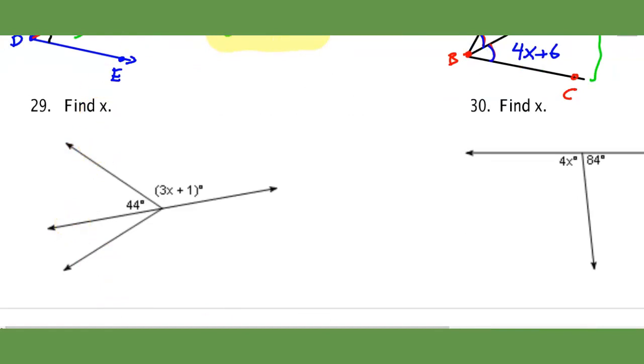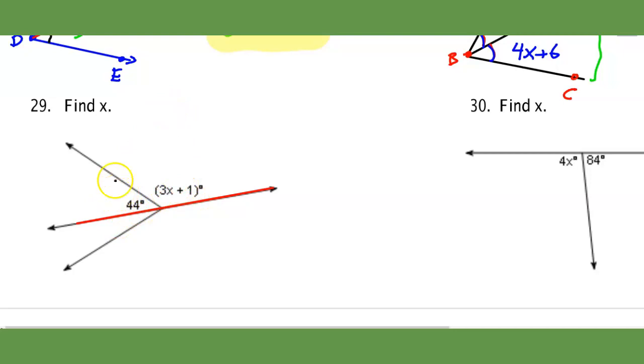Okay, down to 29. It looks like we have a straight angle, which means we have a linear pair, which are supplementary.